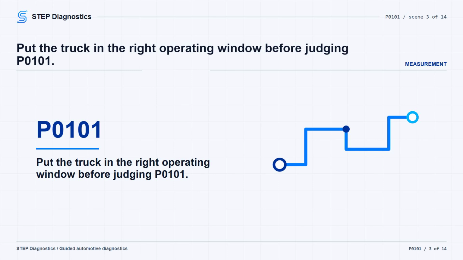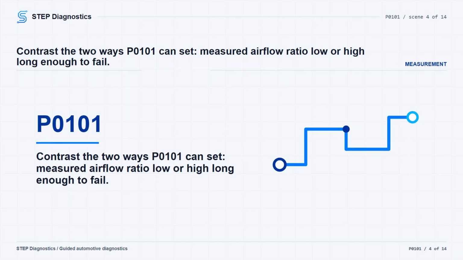For P0101, the important idea is measured airflow versus estimated airflow. The monitor gates include engine coolant temperature, -9 to 129 degrees Celsius, 16 to 264 degrees Fahrenheit. Engine speed equals 400 to 5,700 RPM, and intake air temperature sensor equals -20 to 129 degrees Celsius, -4 to 264 degrees Fahrenheit.